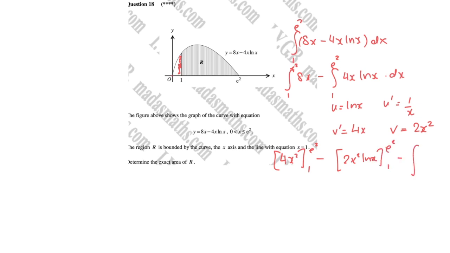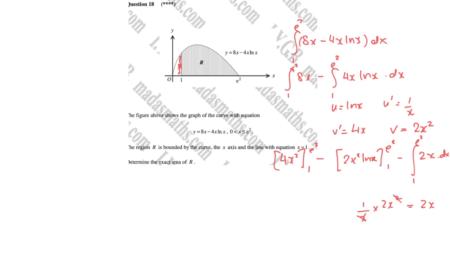And then the integration from 1 to e squared of u dash times v. Can we simplify? The x and x cancel, leaving you with 2x. So you're basically integrating 2x with respect to x. Is that clear, guys?